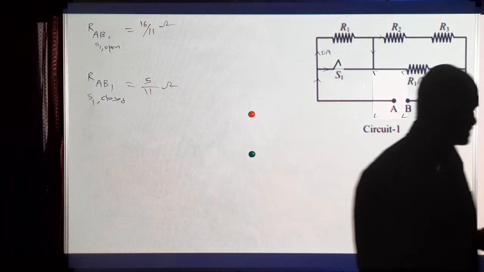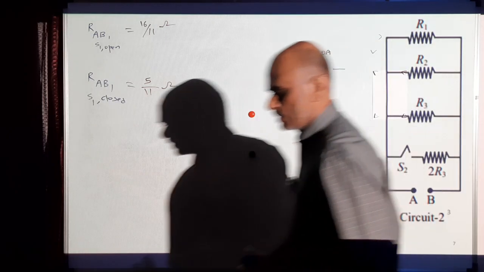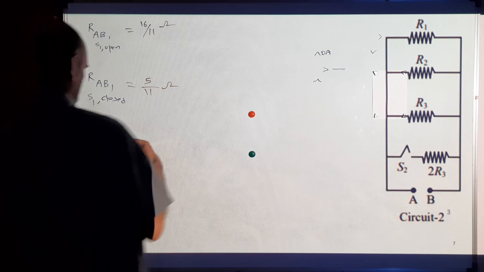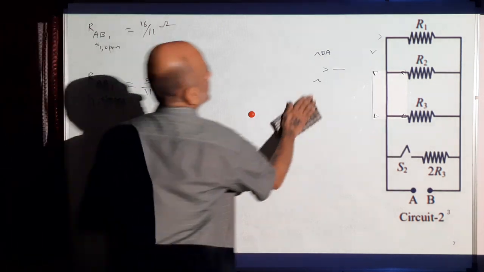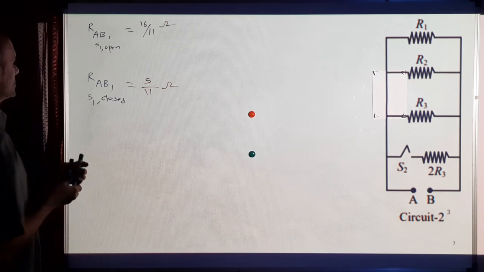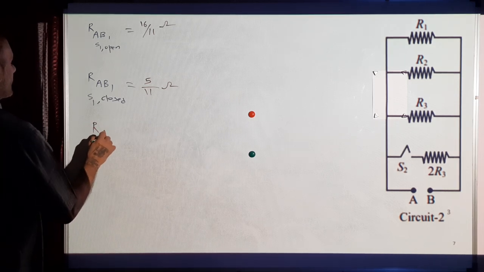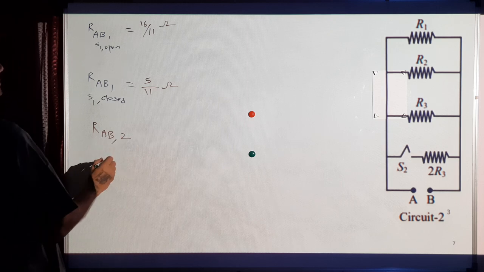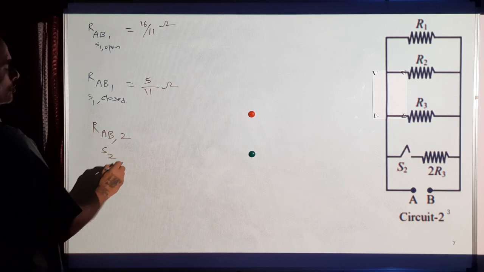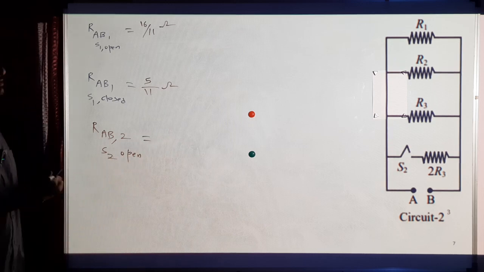Similar analysis for the second circuit. So resistance across AB for the second circuit when the switch S2 is open. Two cases, the switch is open and switch is closed.